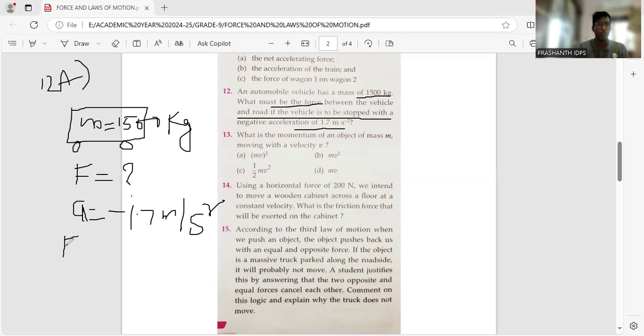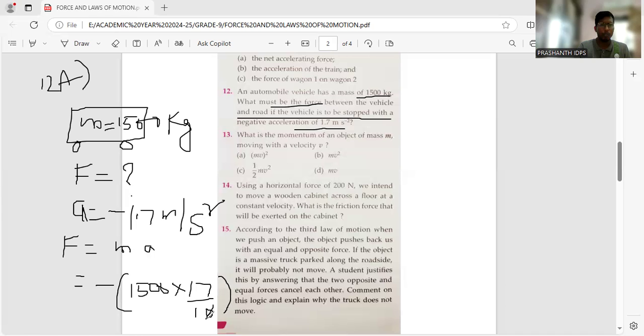And we know the formula. What is the formula to find force? Force is equals to mass into acceleration. So substitute all the values here. So m value is 1500. So 1500 into minus 1.7. 1.7 can be written as 17 by 10.